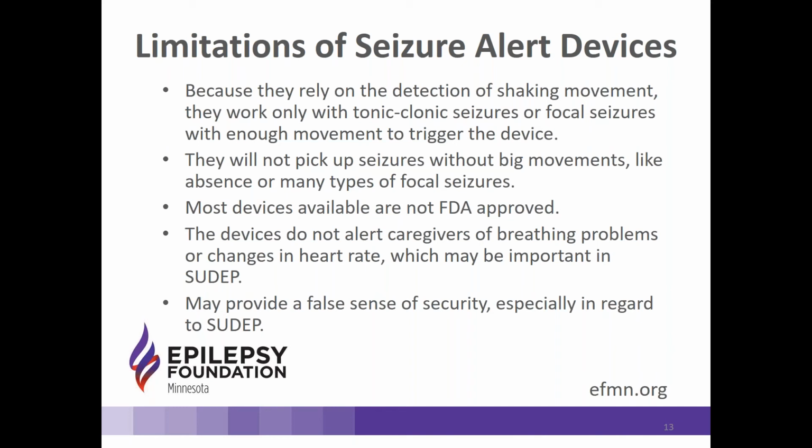They're not going to pick up seizures without big movements, for example, absence seizures or many types of focal seizures. So when you're thinking about what kind of device might be good for you, if you strictly have focal seizures that don't cause those big movements, a device is likely not going to do you any good.